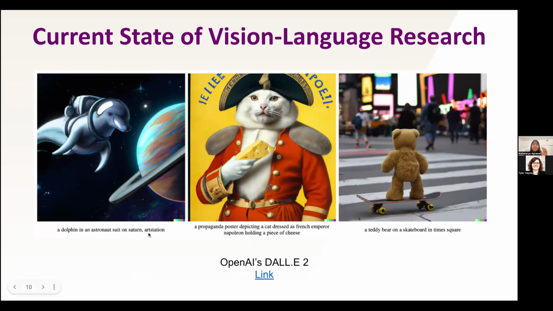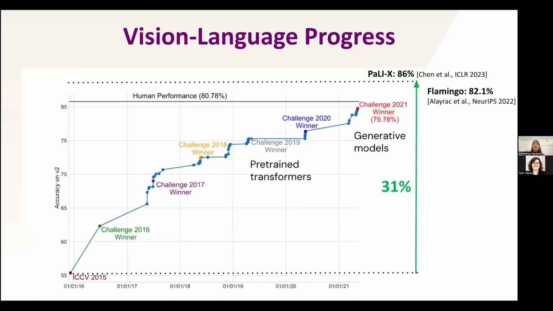So even though we don't see dolphins in astronaut suits near Saturn, the compositionality aspect of language, that we can compose different words together and ask for completely new concepts, gives us this facility to query our generative vision models to generate these kinds of images. So it's pretty impressive. It's pretty exciting, the current state of vision and language research and the kinds of outputs we see out of these models. That is pretty exciting for sure.